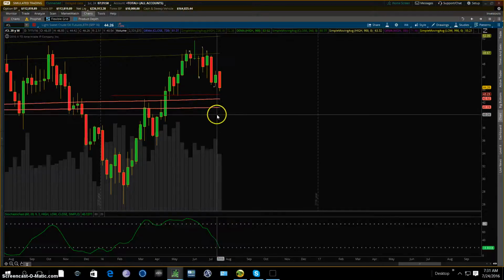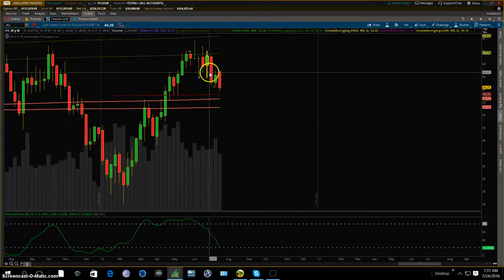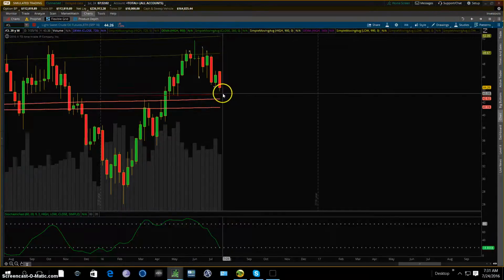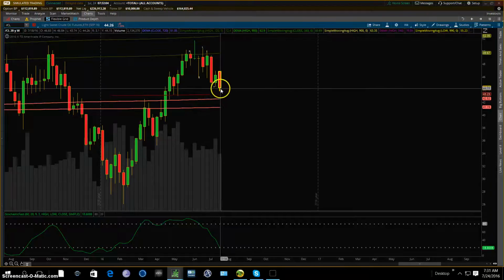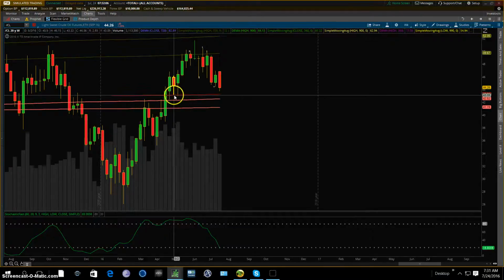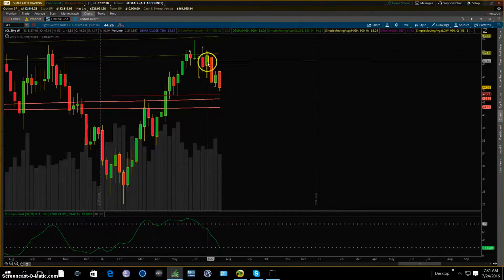This retracement back down, and the falling wedge, did get a bounce here after it got above it, came back, retraced back to it, and then it's almost like a double bottom right here. So it's a good bounce area. That's why I kind of like it.